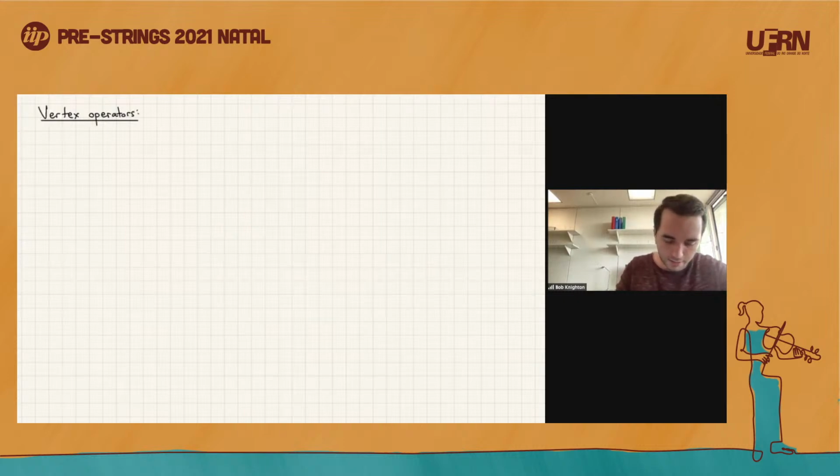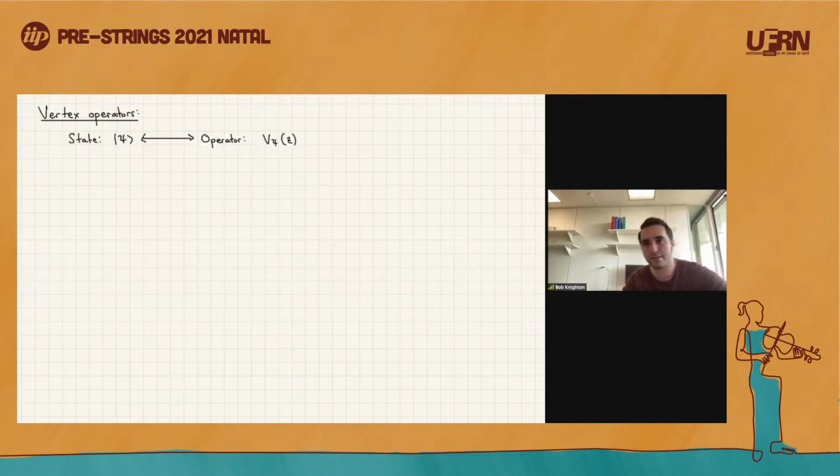The basic idea is that you start with some state, psi, let's say, and there's a correspondence between that state and some local operator, which we'll call V psi, and it's local on the world sheet. There's a correspondence between these two, which has been touched on in Madalena's lectures as well.